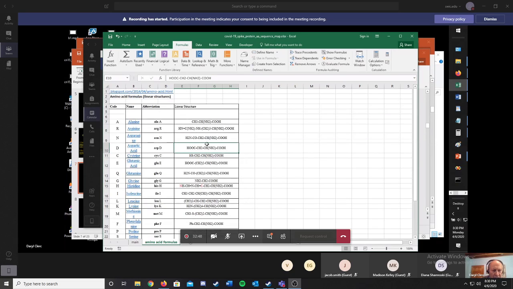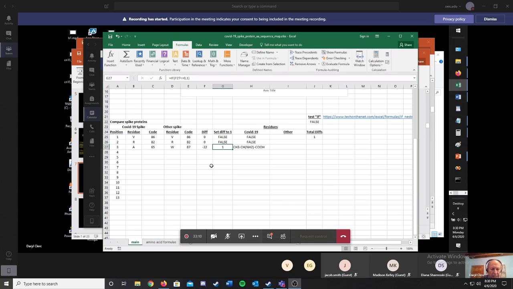So anyway, we want to look at, for instance, a COVID-19 sequence. If there's an N there, then we want to pull this formula and paste it into the other sheet.